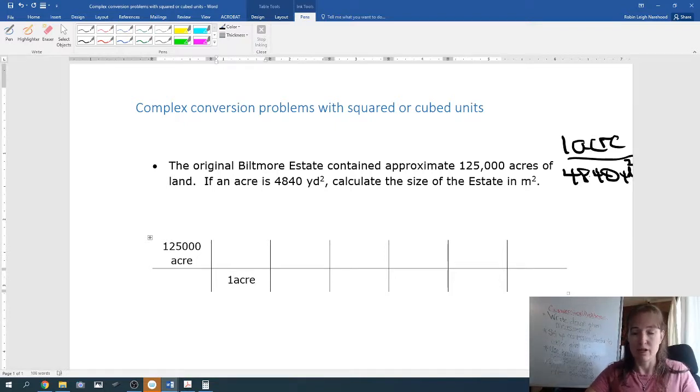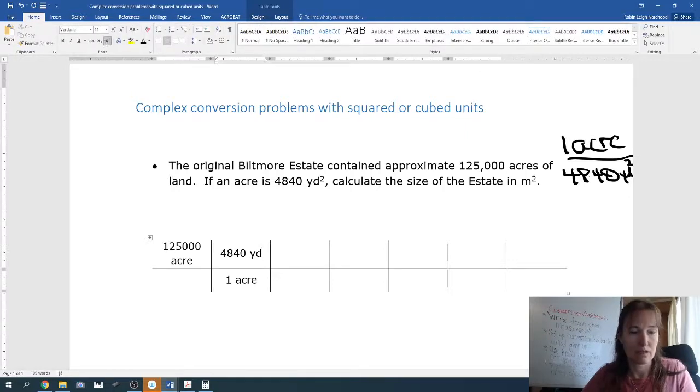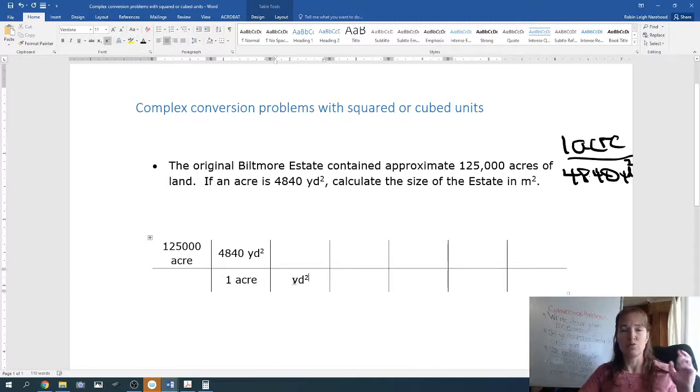So I'm going to write down precisely what I had: 1 acre is 4840 yards squared. This equality already has yards squared in it, which is the unit I want to get rid of next. I don't know anything about yards squared, but I do know about yards, and you always want to use what you know.